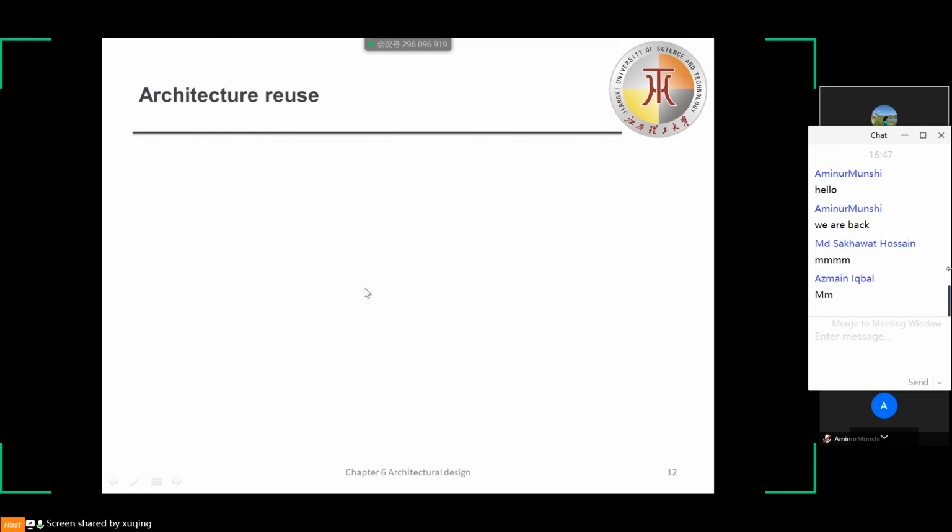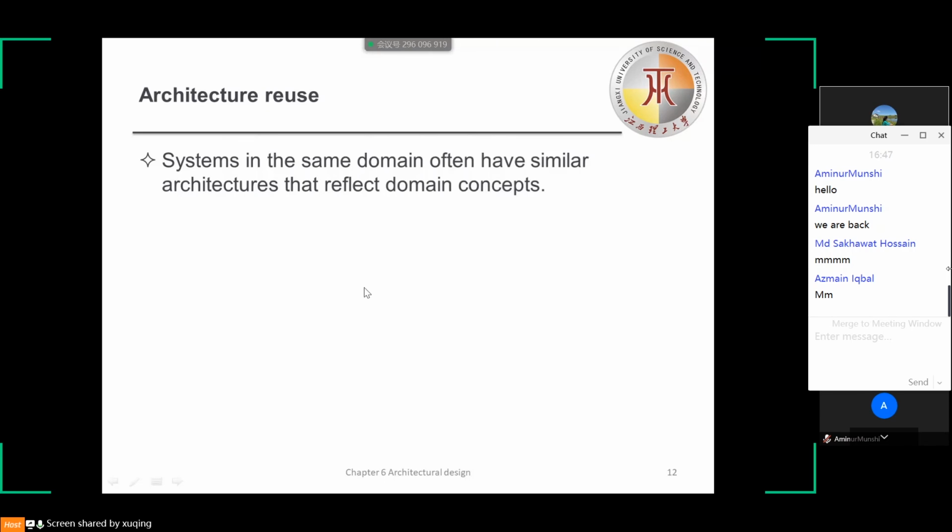We have said before that each software system is unique. They differ one from another, but systems in the same application domain may have similar architectures that reflect the fundamental concepts of the domain, and this relates to our architecture reuse.